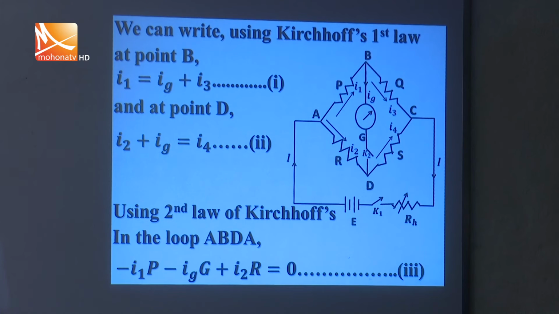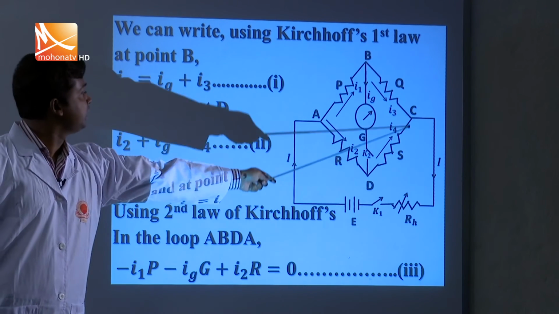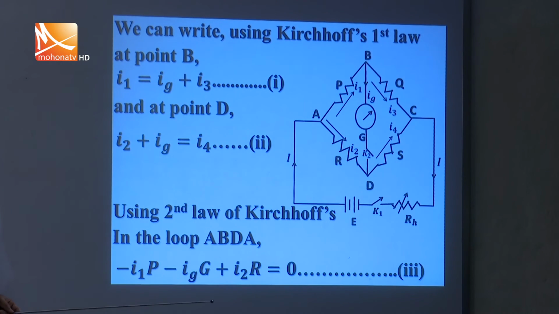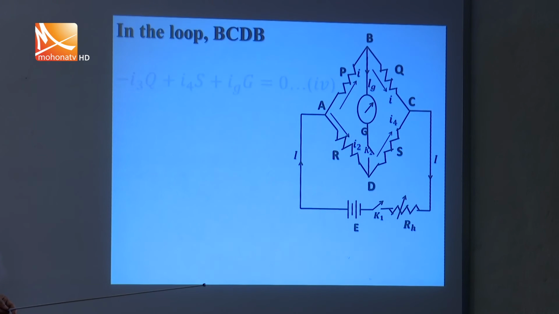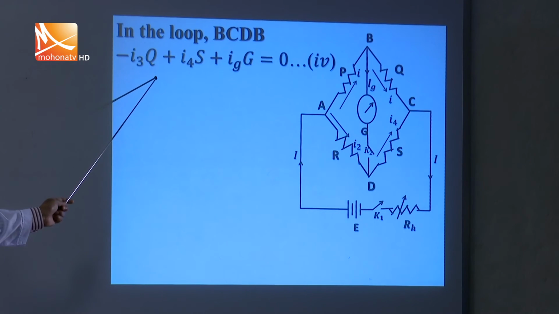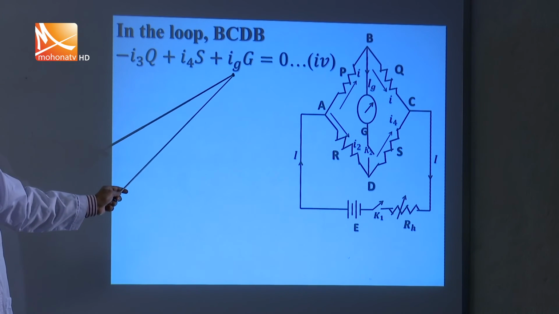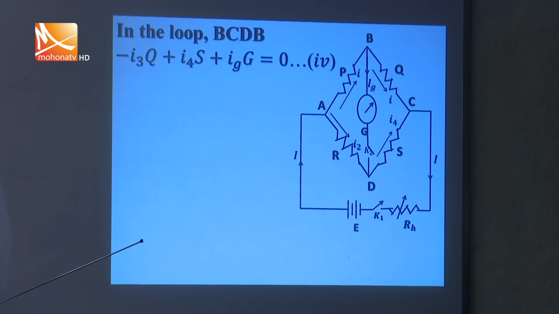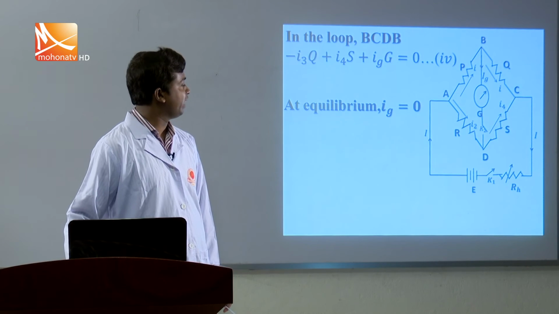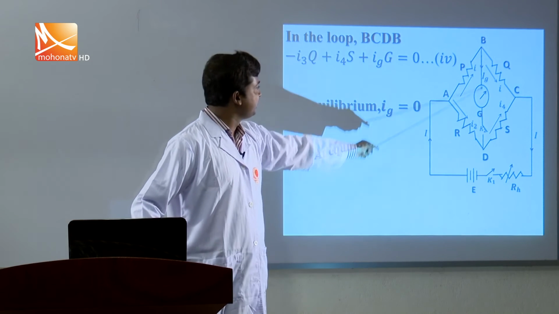Now, we consider another loop, that is B, C, D, B. In a similar way, you can write minus I3Q plus I4S plus IgG equals 0, which is equation number 4. So, my dear student, you have got 4 equations on the Wheatstone bridge, but in the balance condition, no current will flow through the galvanometer, that is, Ig will be 0.